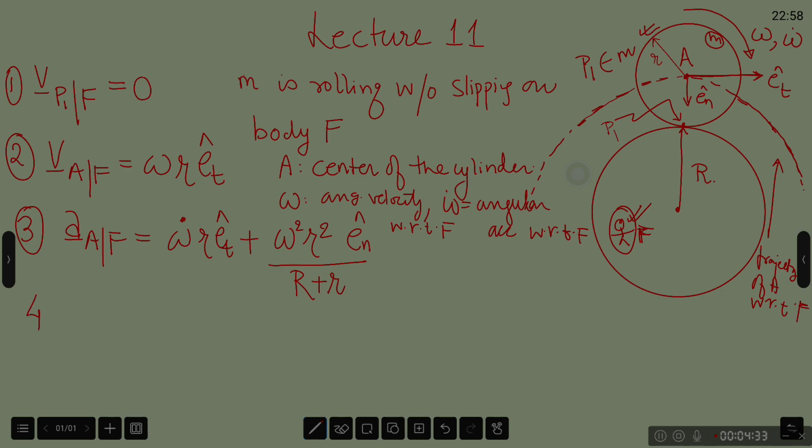Now the next and the final item as far as this rolling without slipping scenario is concerned is to find the acceleration of point P1 with respect to F. P1 is a point belonging to M and is currently in touch with the frame F. We want to find this quantity.